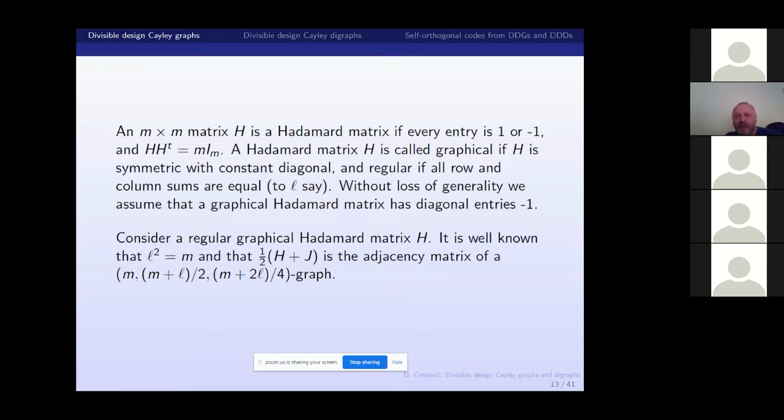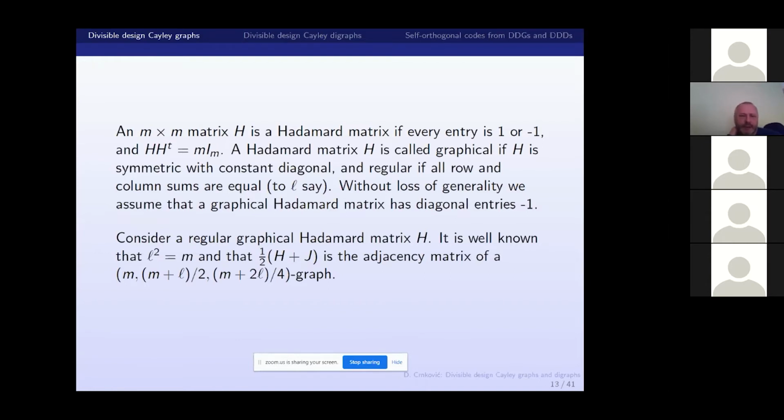A Hadamard matrix H is called graphical if it is symmetric with constant diagonal, and it is called regular if all row and column sums are equal, for example, equal to L. Without loss of generality, we can assume that the graphical Hadamard matrix has diagonal entries equal to -1, because if all entries are equal to 1, then we can multiply every row by -1 and we get such a Hadamard matrix with diagonal entries -1.